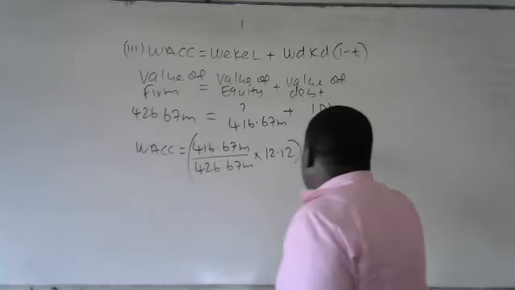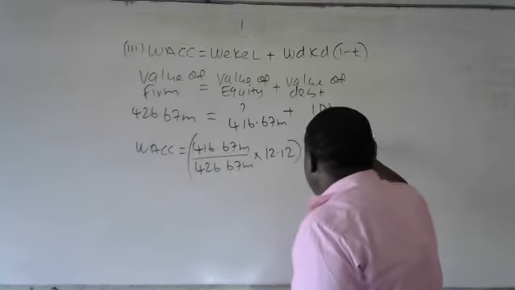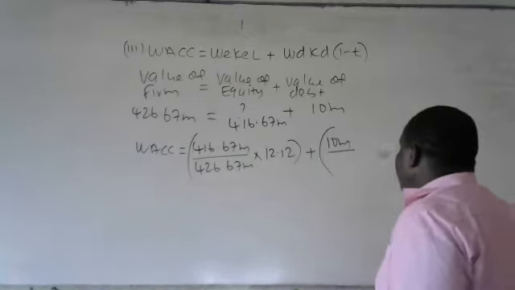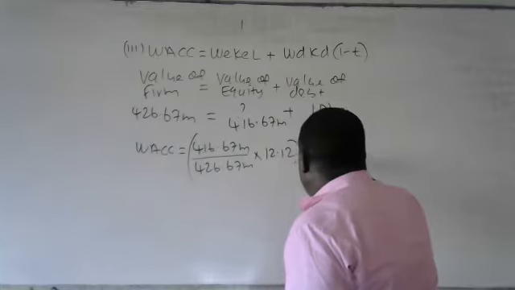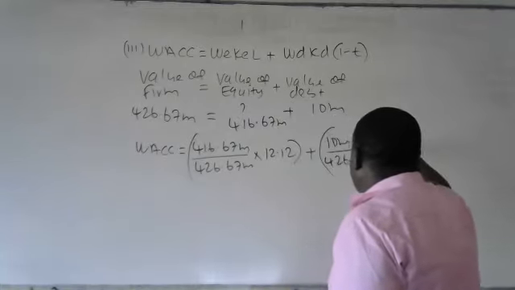Then we also add the weight for the debt, which is 10 million, also divided by 426.67 million. So KD was 7%.